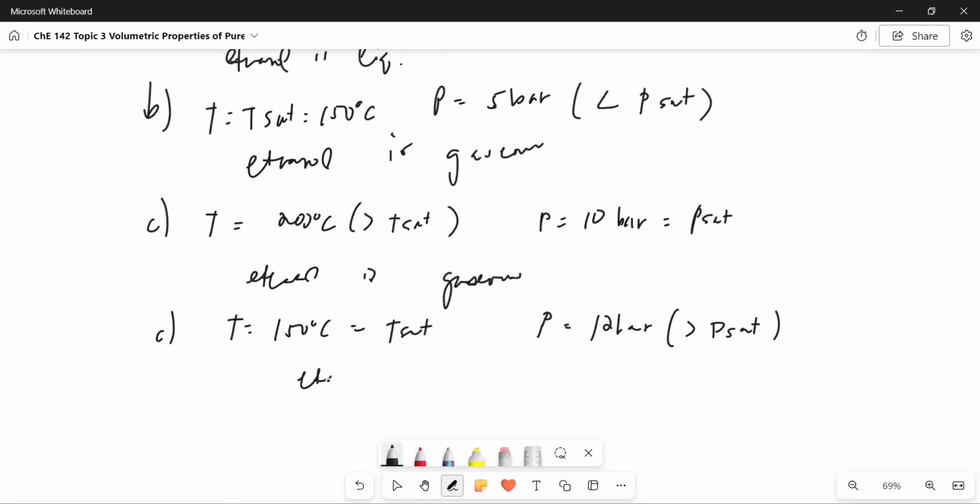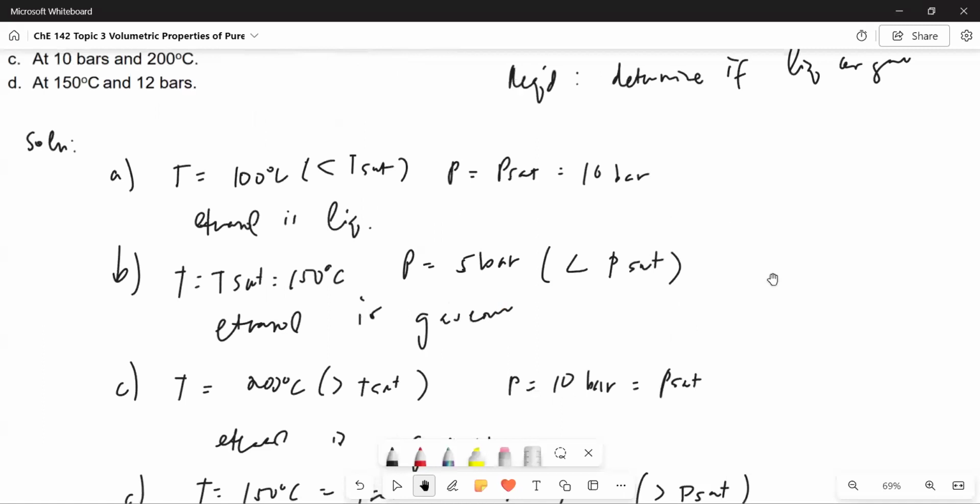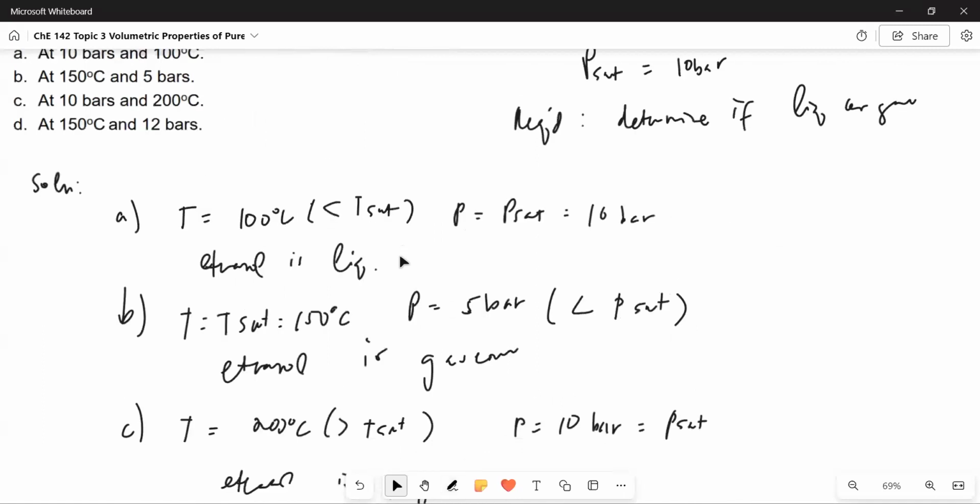So therefore, more pressure, less freedom for the molecules to move around, so it's liquid. Okay. It's liquid. So I hope that problem is clear. Okay, so this is not a calculation, more of analysis.